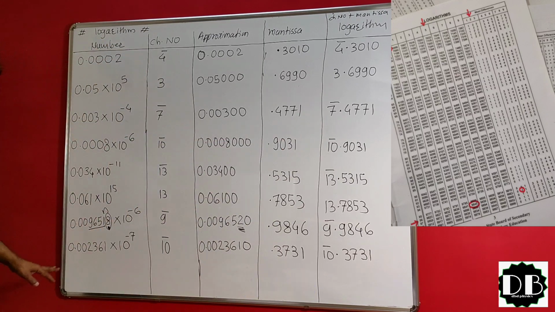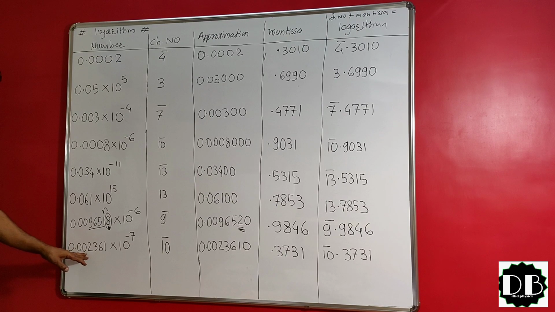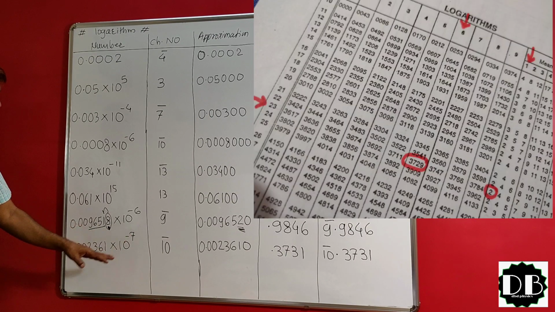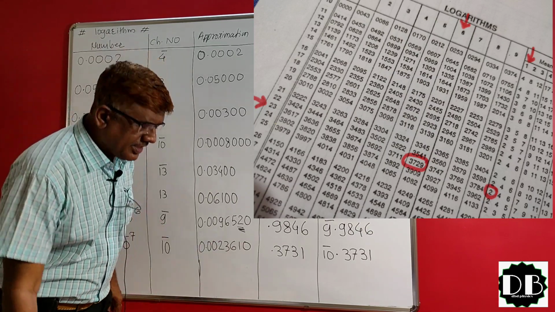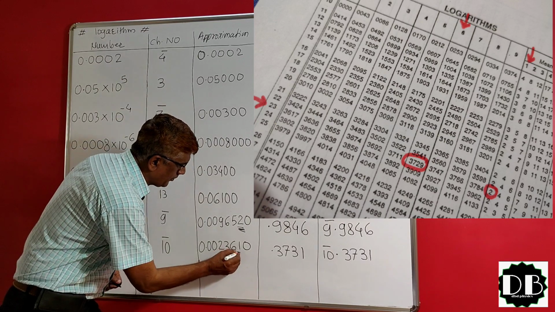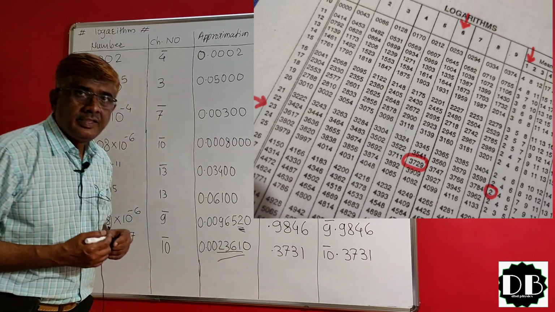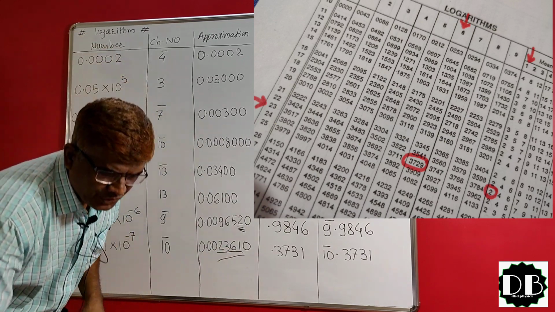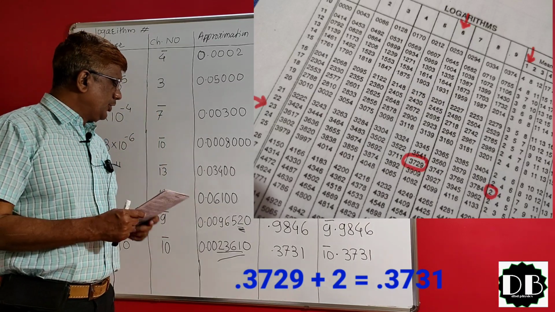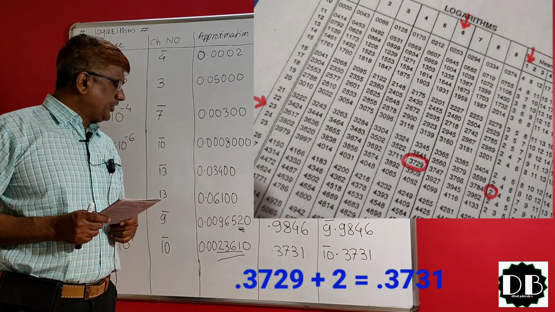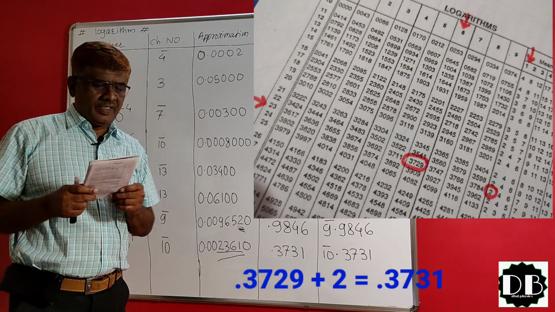Lastly, there is a number 0.02361 into 10 raised to minus 7. Here the character number is bar 3, minus 7, minus 8. Approximation remains as it is. These are 4-digit numbers, which is what is required to see in the log table, and that's why there is no change in approximation. 2361.